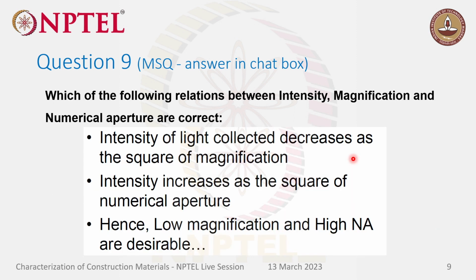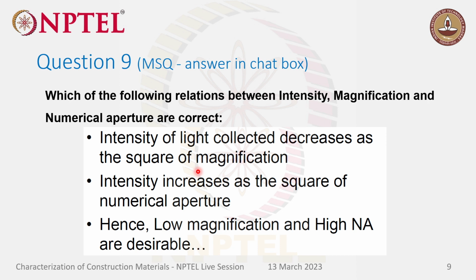Here the snap is particularly from the Raksha PPT. So the intensity of light collected decreases as the square of magnification. See, once you go to magnification, you just zoom and get inside. In that case, the amount of light collected, you are neglecting some portion. So it decreases as the square of magnification. You got it right?